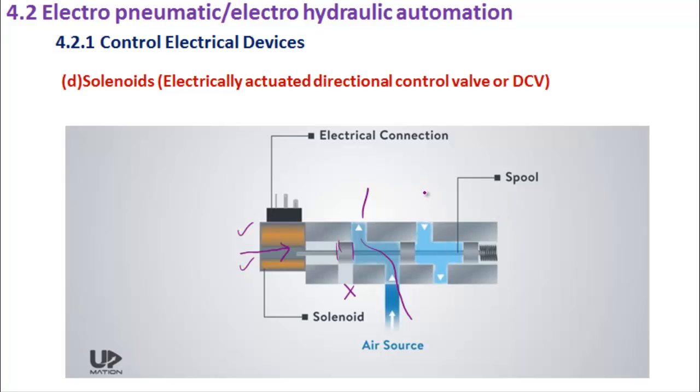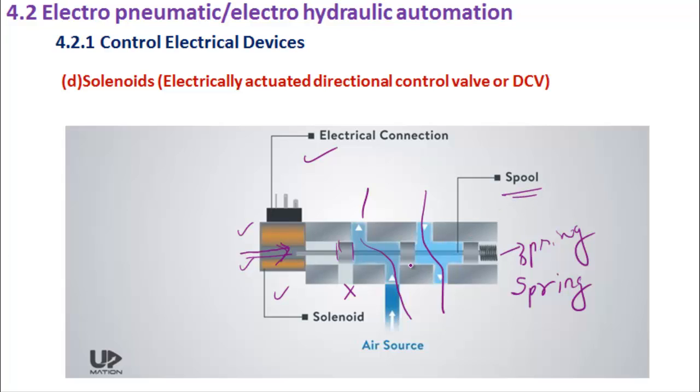Whereas this port is also open so that some fluid can come back through this and go out. And you can see that the spring is basically compressed here. Why? Because the electrical connections have been given to the solenoid, and this has pushed the spool.